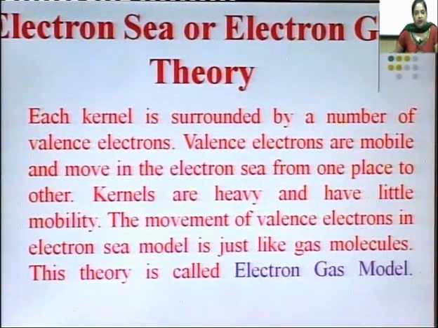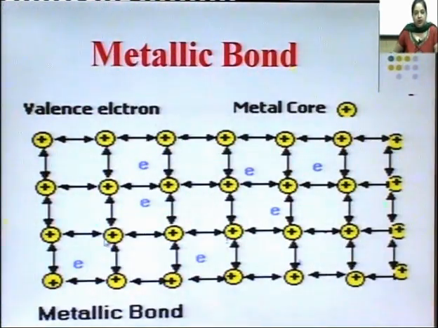The movement of valence electrons in the electron sea model is just like gas molecules. This theory is called the electron gas model.